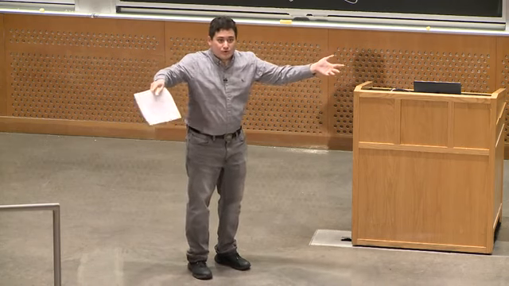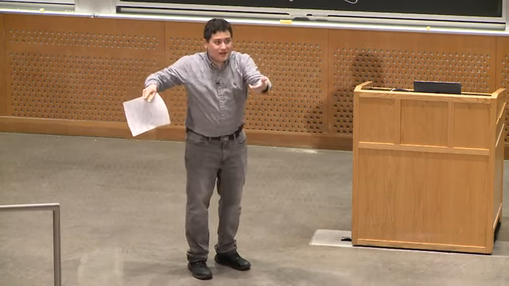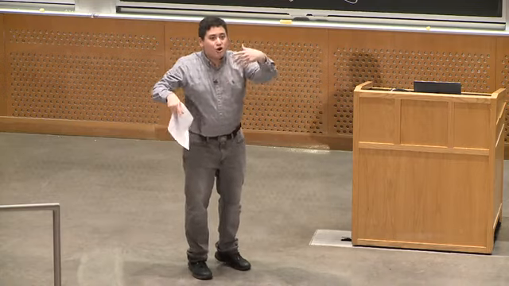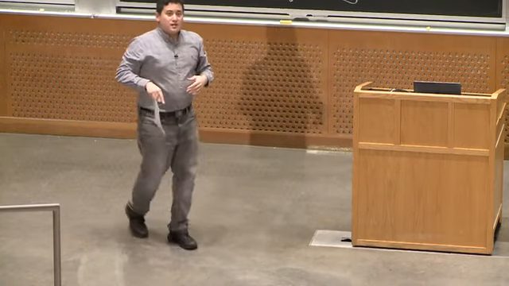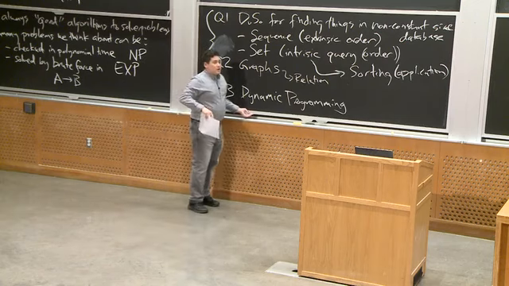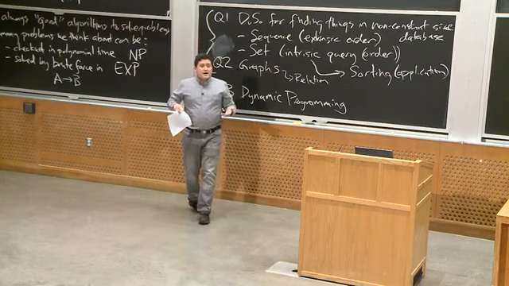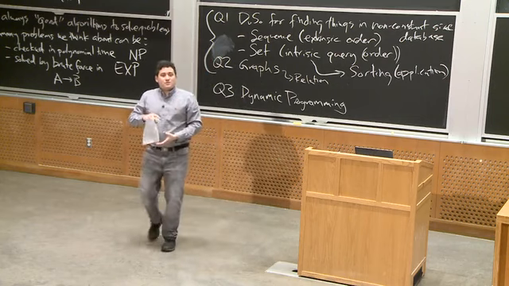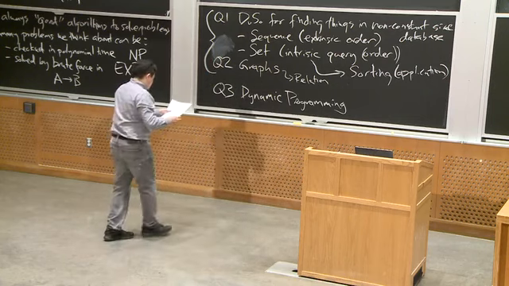You're not locally brute forcing. You're locally picking an optimal thing and hoping that it'll lead you to a good result. That's a much harder algorithmic paradigm to operate under. And so that's more like the material that you'll be talking about in 6.046.